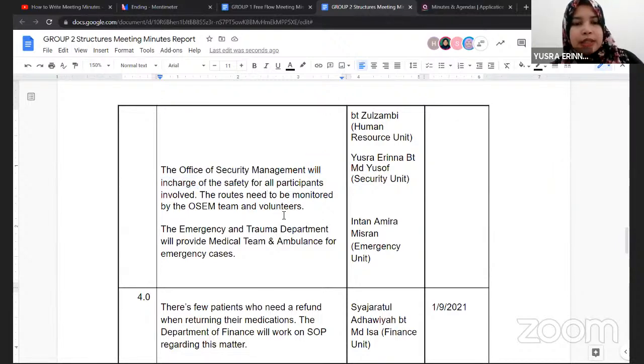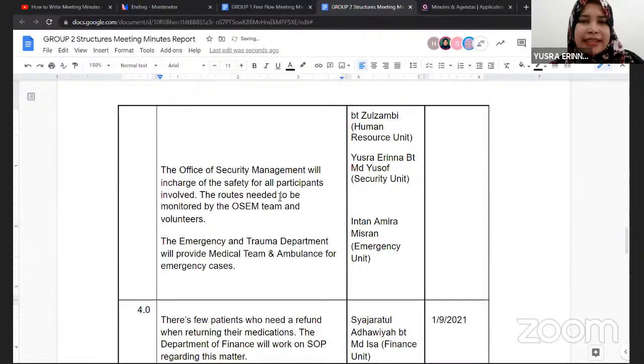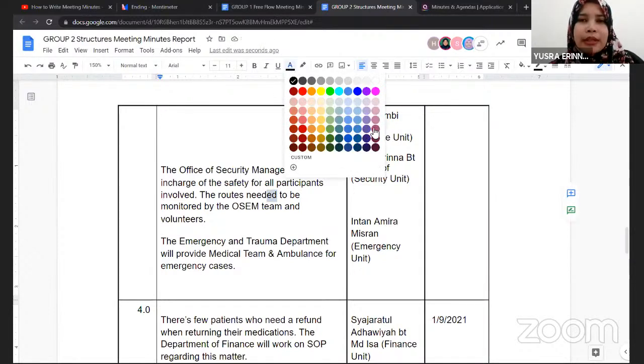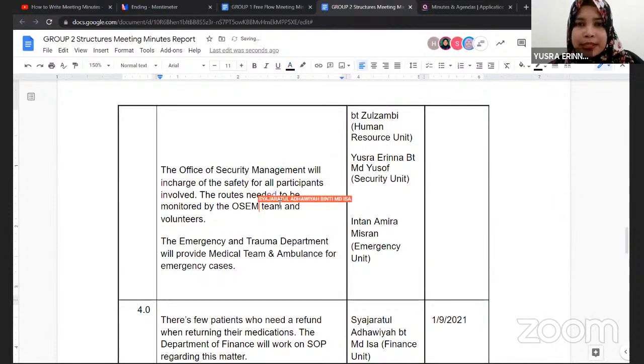The routes needed. Okay, as I said, basically this is just language. Basically these are language mistakes. You need to use past tense. Okay, the Office of Security will be in charge. The Office of Security supervised.